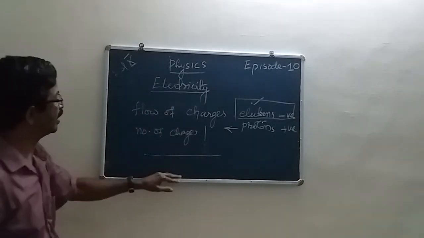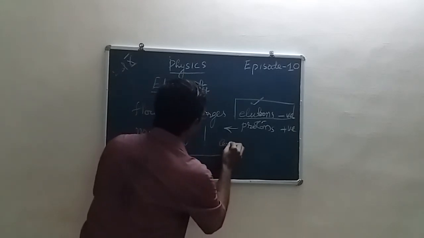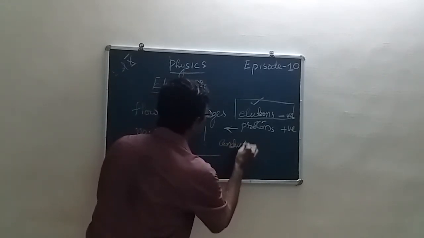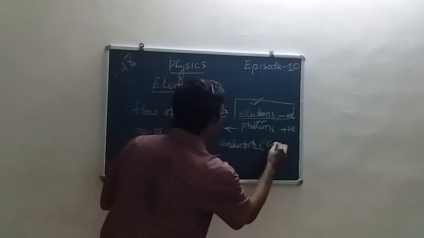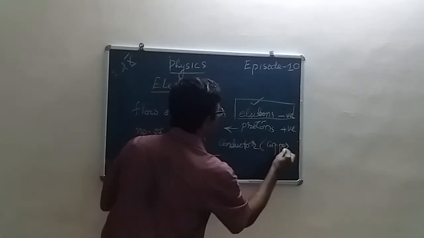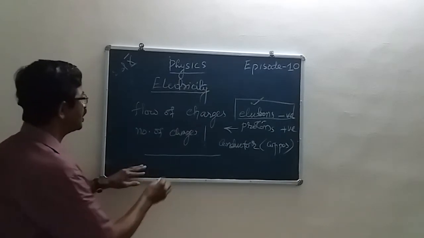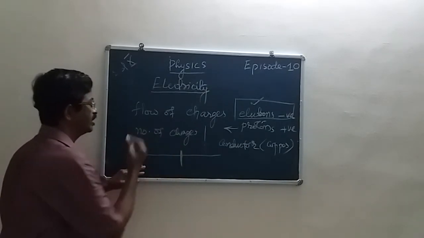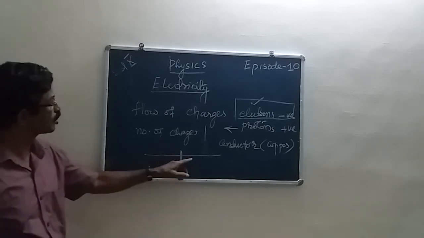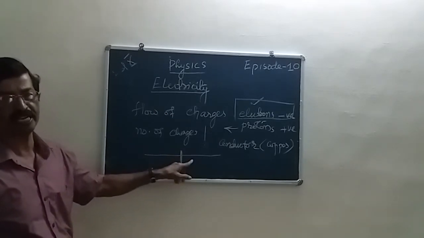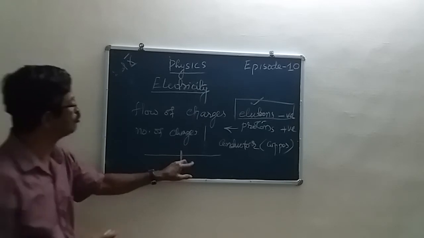This is a conductor. Now see this particular area. Through this area, number of charges crossing in unit time. What is actually unit time?